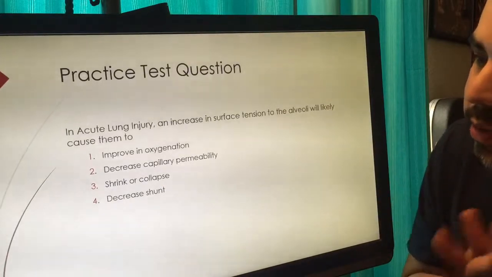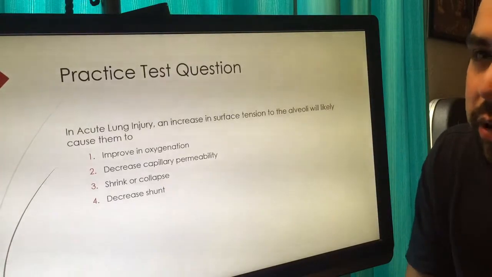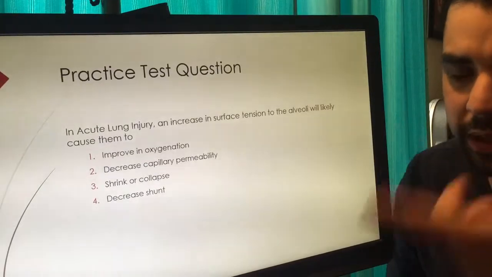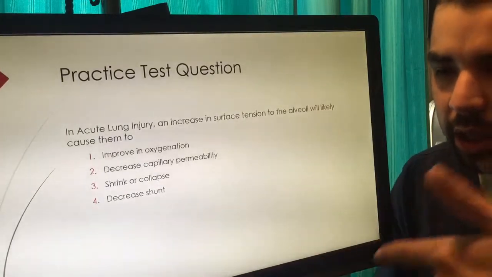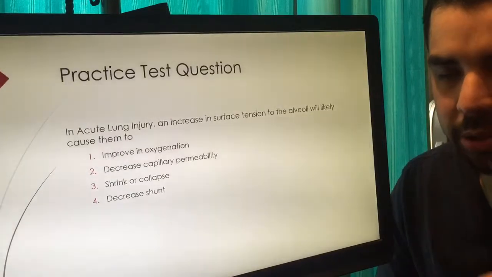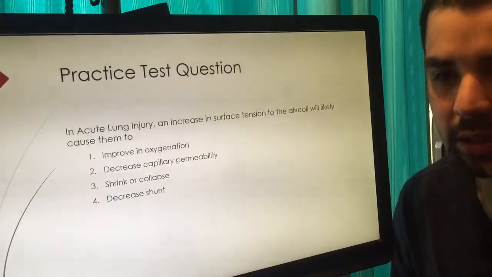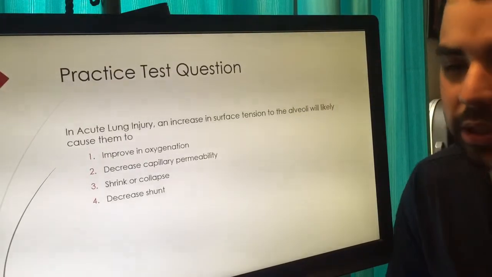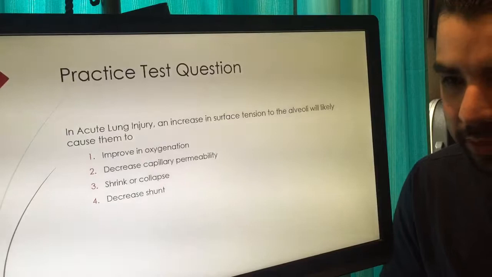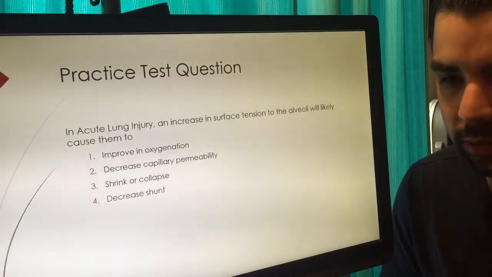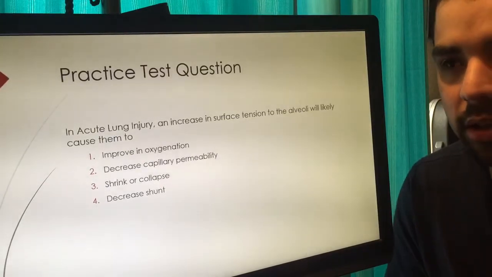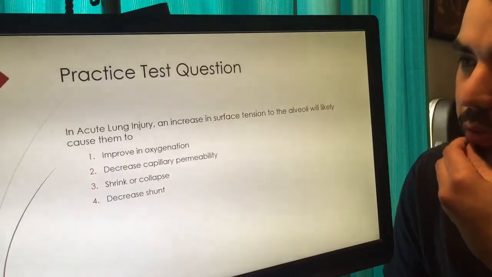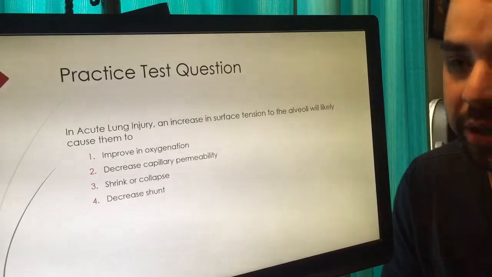Decreased capillary permeability? No, that's actually going to increase it. Like I said earlier in this lecture, acute lung injury can inhibit HPV, hypoxic pulmonary vasoconstriction, but it's going to increase capillary permeability, which is going to decrease your surfactant and cause more fluid entering the alveoli, which is bad.